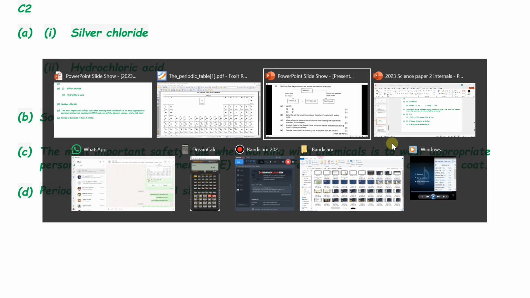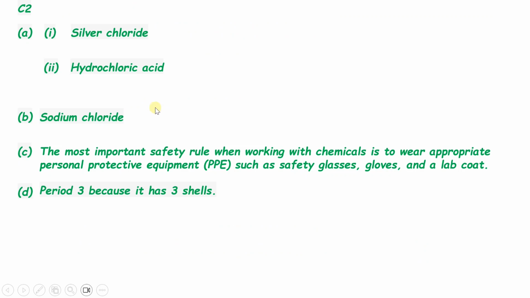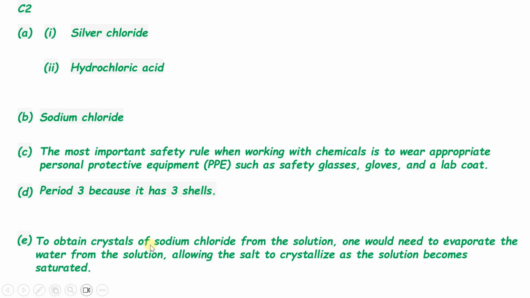Okay, then we look at this other question, which says describe how crystals of solution Q can be obtained from the solution. So how can you obtain crystals of zinc chloride? This is a description that you need to give. To obtain crystals of, sorry, here I made a mistake.